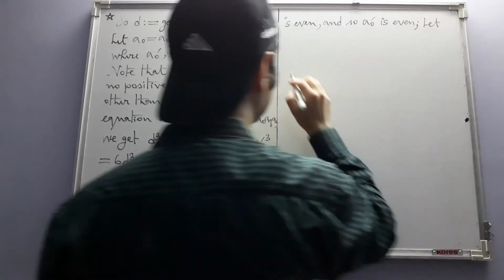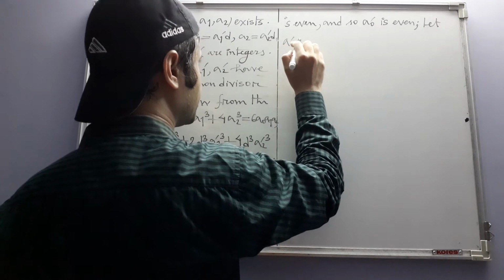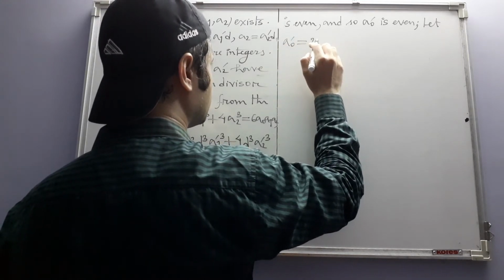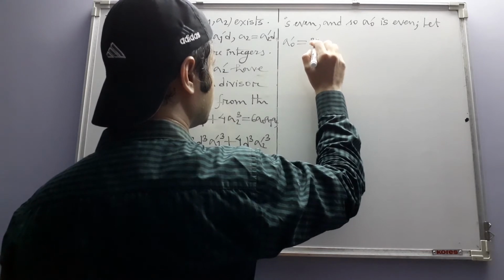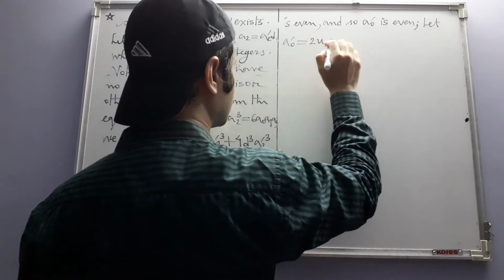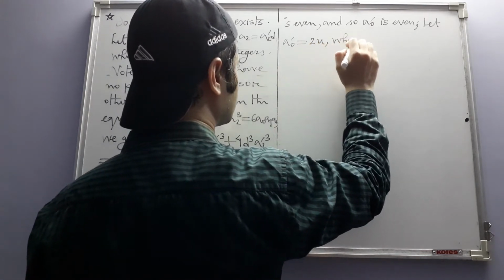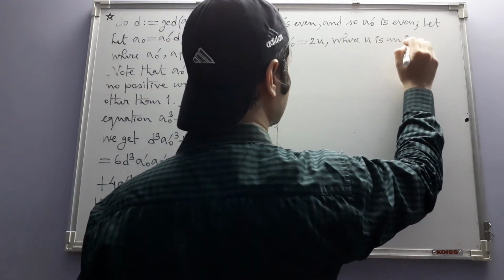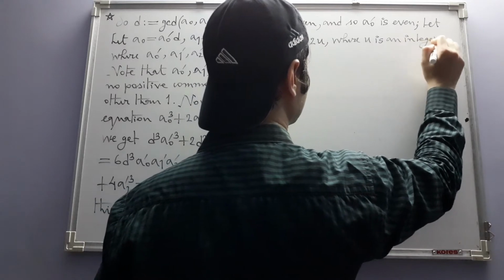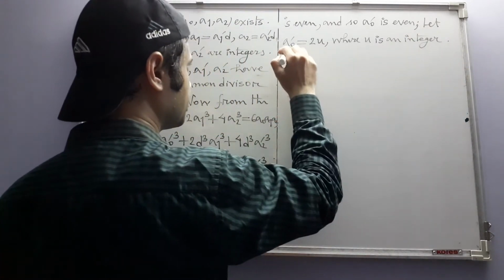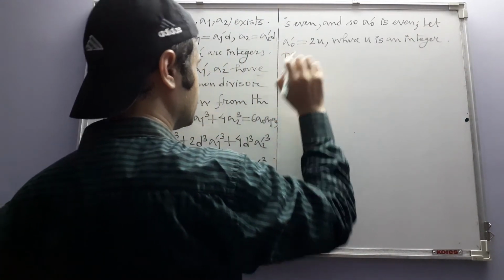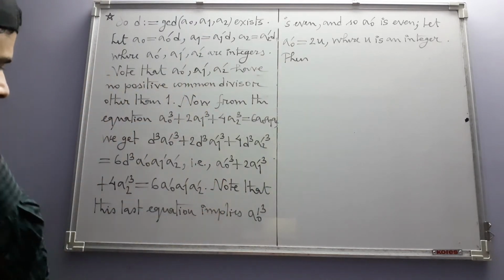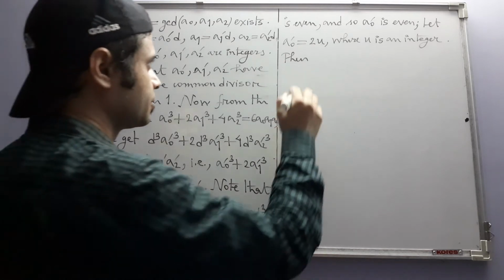Let a naught prime be equal to 2u, where u is an integer. Then now substitute for a naught prime here in this final equation.